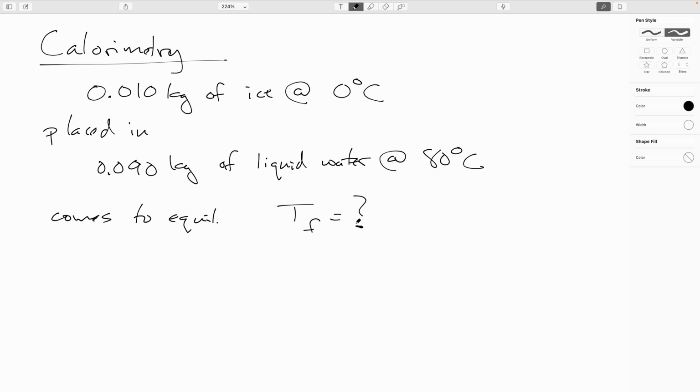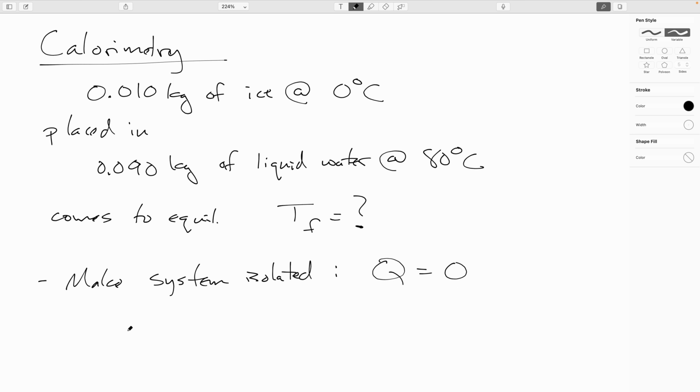All right. So the way I like to think about systems like this is if I make the system big enough, I can isolate it. By isolating it here, what this means is that I can say that the heat transferred into the system is 0. And then what I can do is look at the individual subsystems.